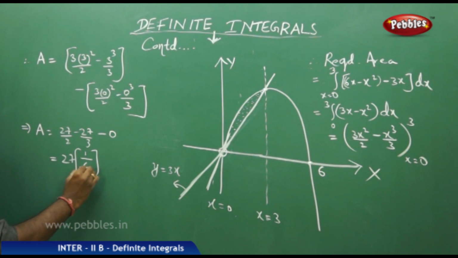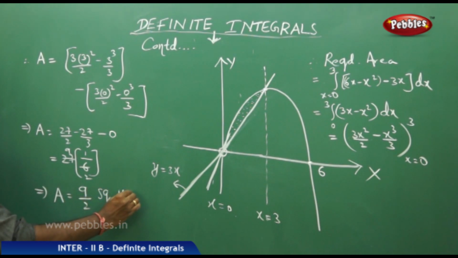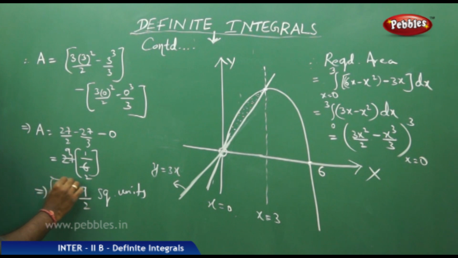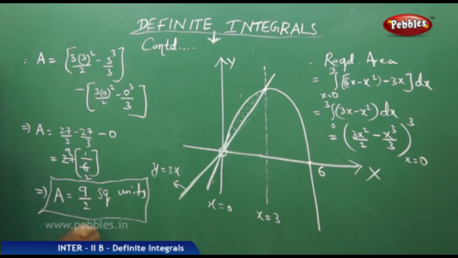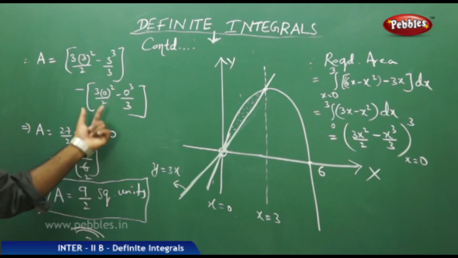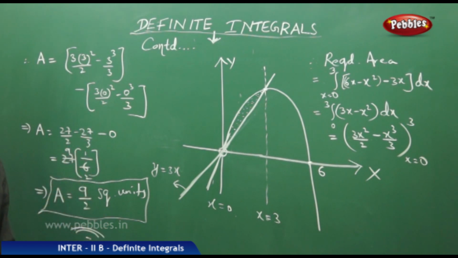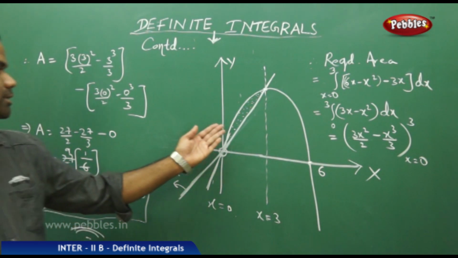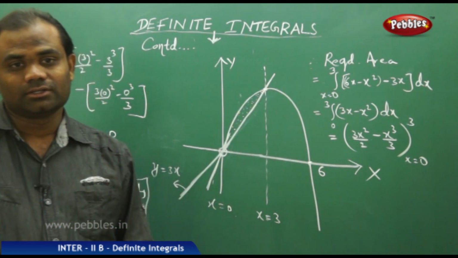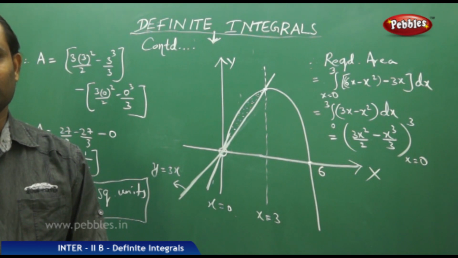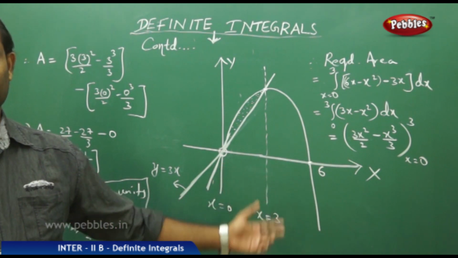This is how we get it when we simplify the answer through cancellation. Therefore, the area of the required region is 4.5 square units. This area is 4.5 square units using the definite integrals.